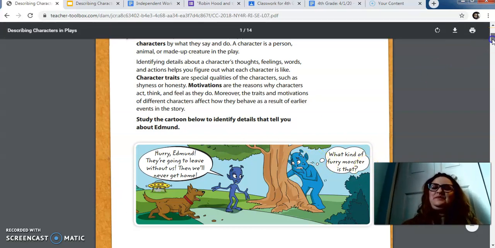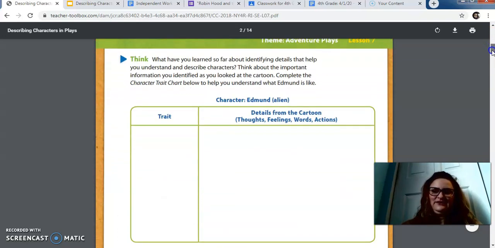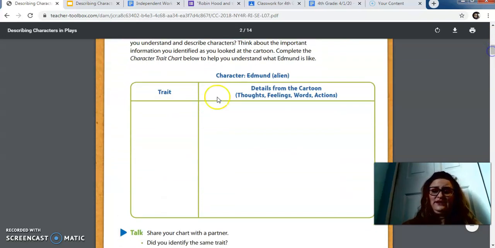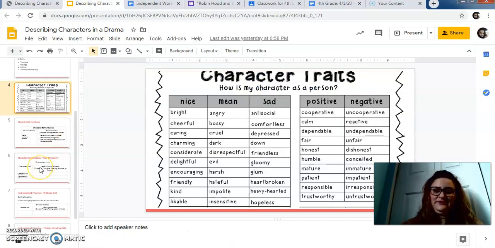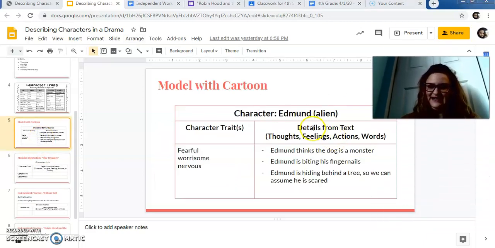So, what we're going to do now is break down what we can identify as a character trait based off of what we saw in the cartoon. We're focusing on Edmund, his thoughts, feelings, words, and actions. I've already kind of done this for you. Here are things that I saw in the text.